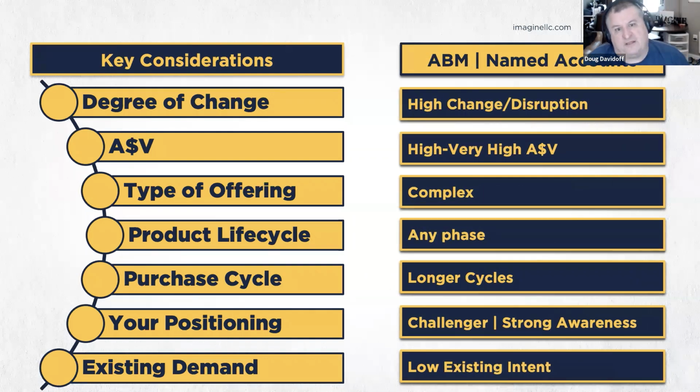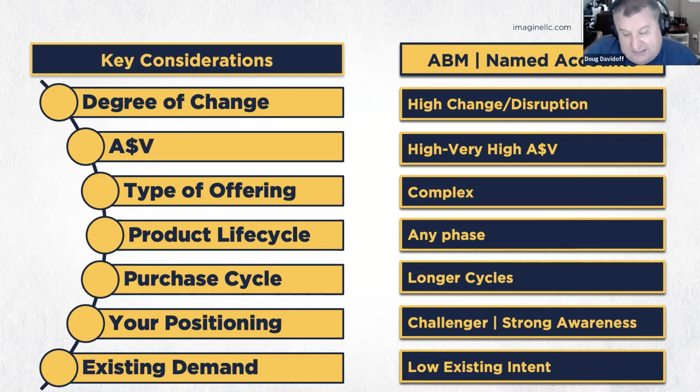All right. The last one is the ABM named accounts. So you're not doing ABM unless it's named accounts. And what that means is that every sales rep has a list of specific accounts that they are pursuing business with. It is a limited, targeted list of accounts. This approach works really well with very high change, high disruption.